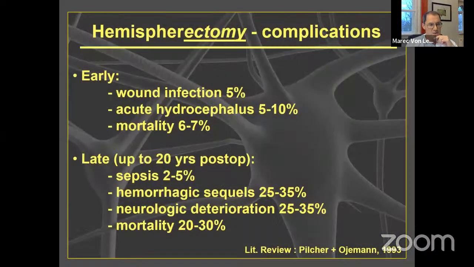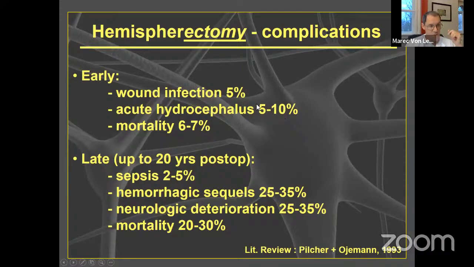With this large resective procedure, we have major complications, of course. It's usually used in pediatric patients, and the smaller they are, the bigger are the problems. We have some early complications like wound infection, but some kind of hydrocephalic complication might be life-threatening, of course, like a blockage of the foramen of Monro or something in the aqueduct.